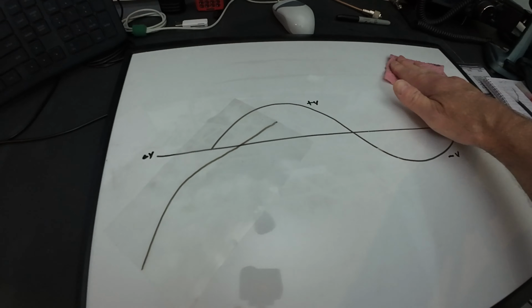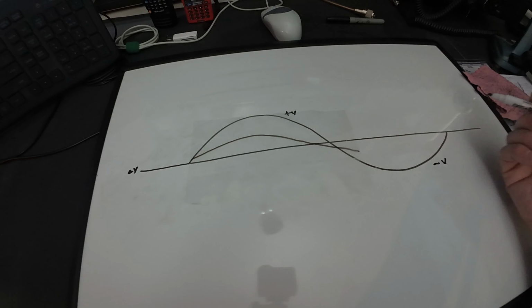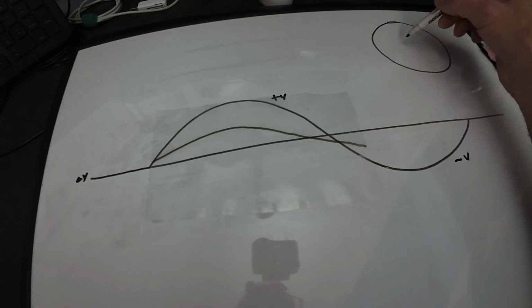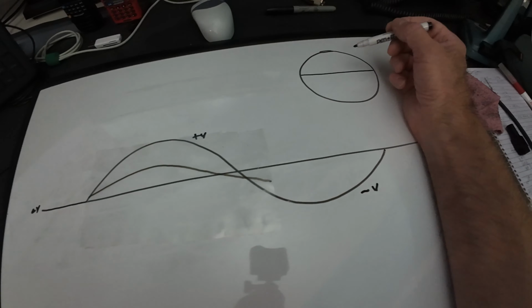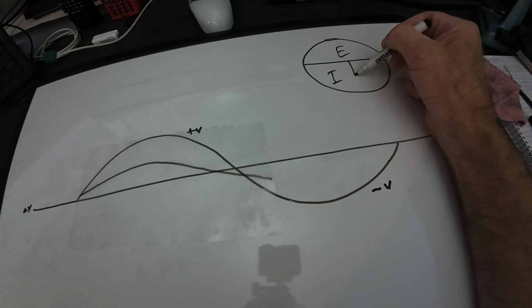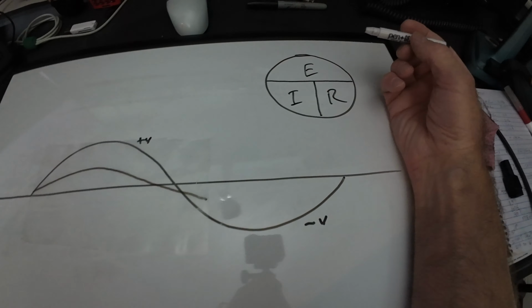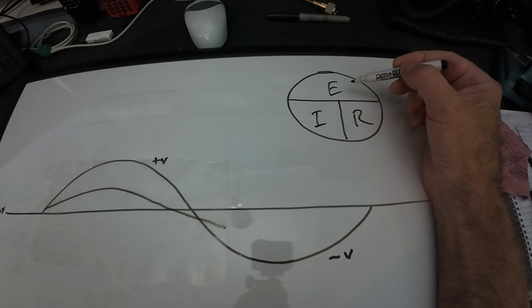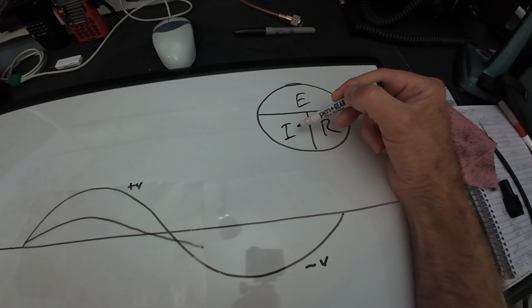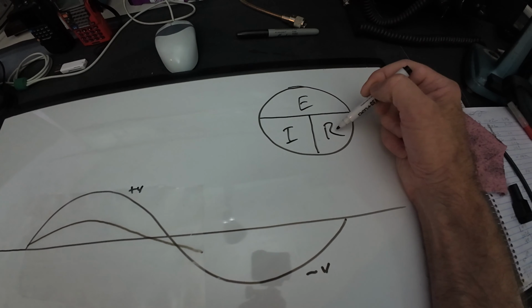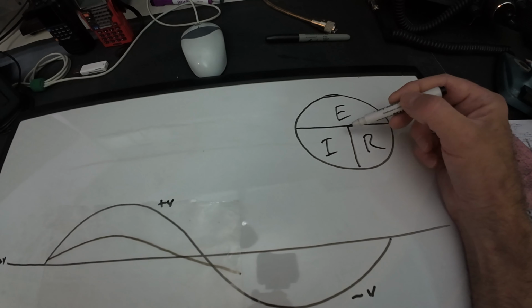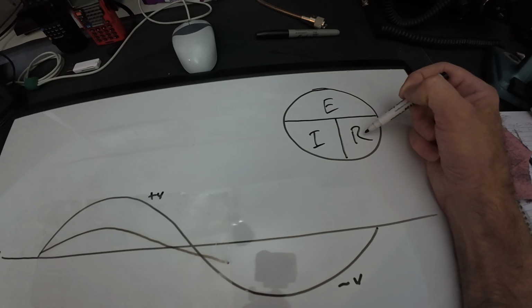Okay, I hope that makes sense. Now we get to talk about Ohm's law. When you think of Ohm's law, most of the time people think of just DC. But basically, all Ohm's law is stating is if you have voltage represented by the letter E, current represented by the letter I, and resistance represented by the letter R, if you divide the current into the voltage, it gives you resistance.